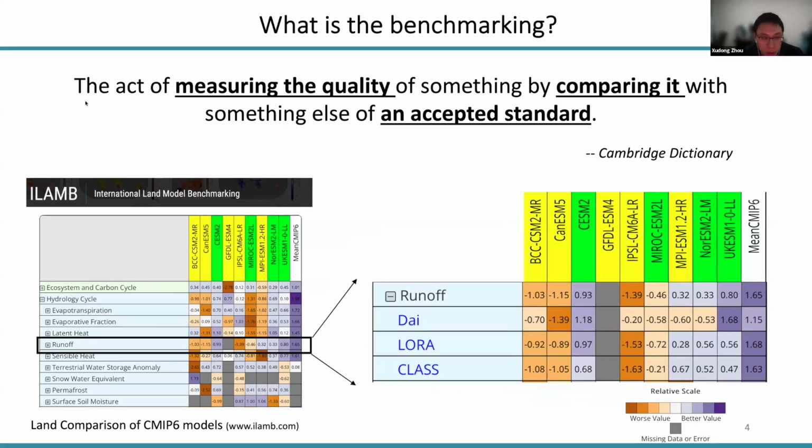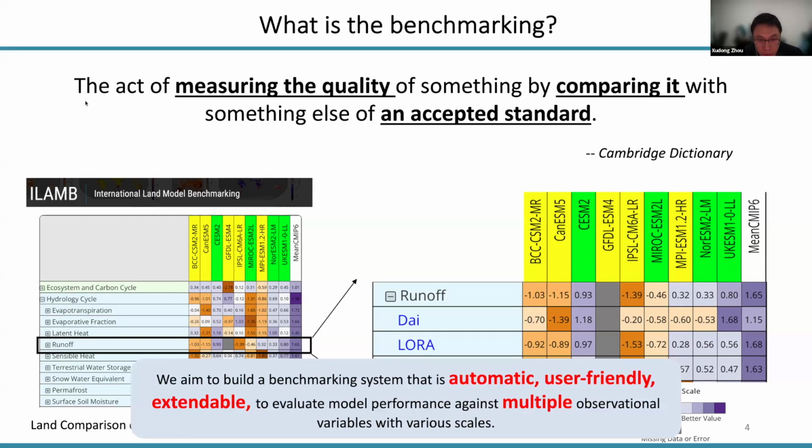But what is the benchmark? According to the dictionary, the benchmark is the act of measuring the quality of something by comparing it with something else of accepted standard. So we need to have a standard benchmark for CaMa-Flood, and then at this benchmark point, we can compare different developments from it.